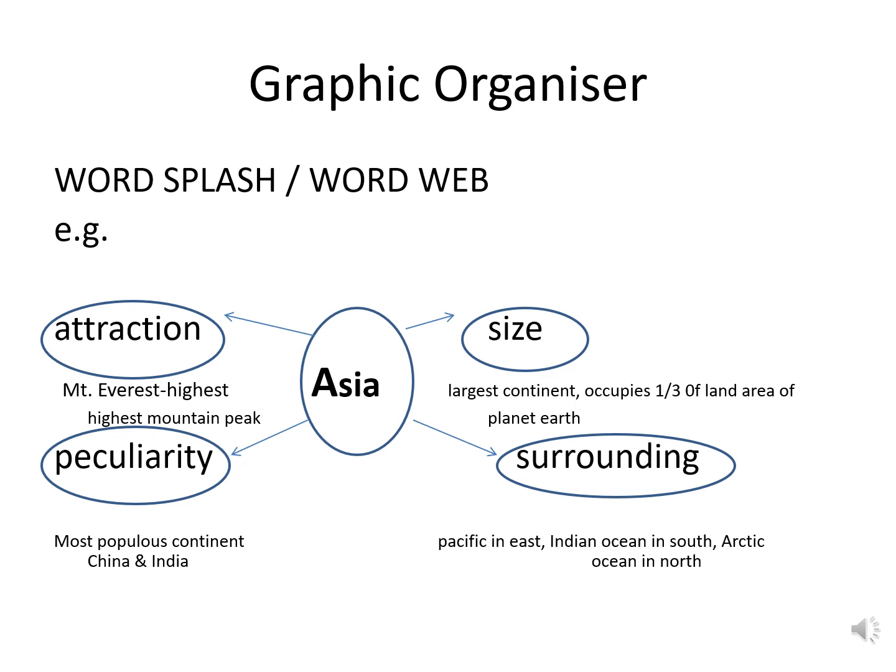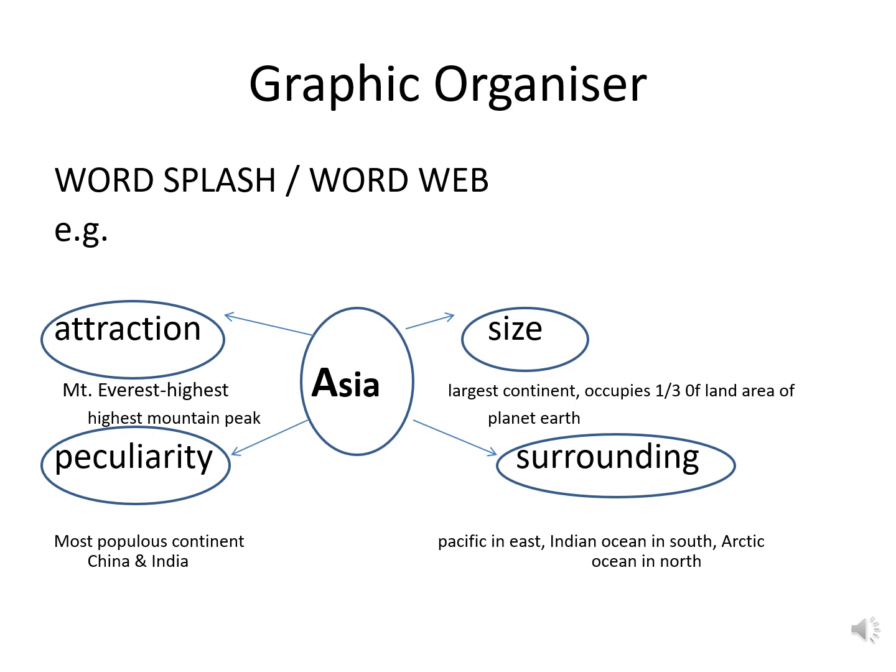Now talking about any peculiarity of the continent, Asia is the most populous continent in the whole world. Most populous means the largest population is in China and the second largest is in India. China and India both are countries located in Asia.